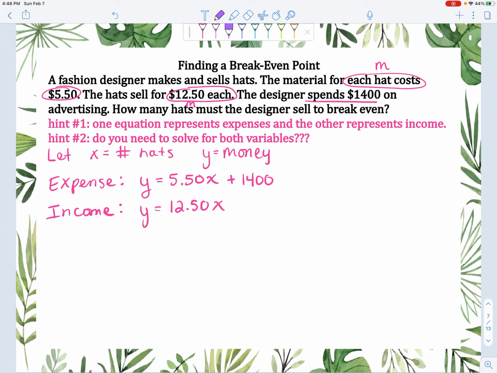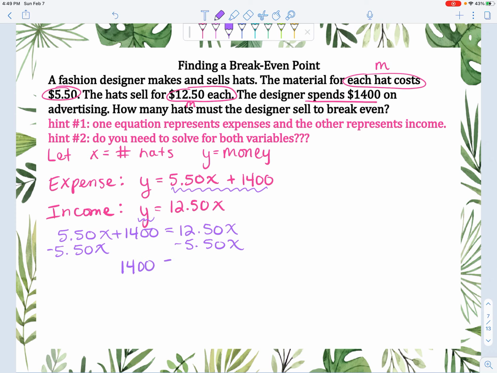So now that I have my system, I can take this expression, which is equal to y, and substitute it for the y in the other equation. I'm going to collect my variables on one side.